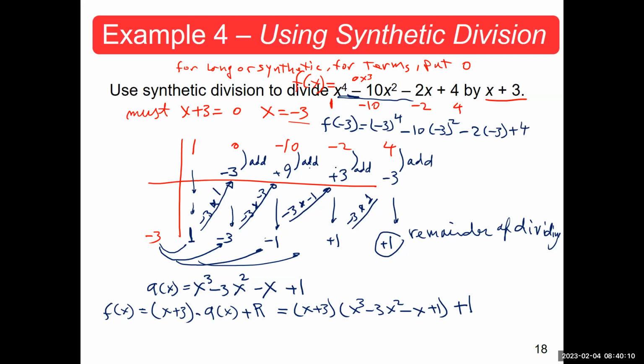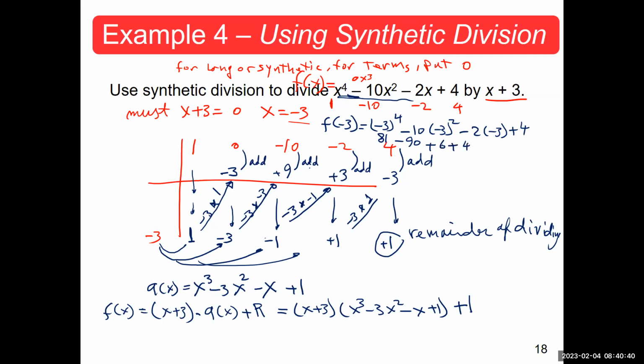-3 times -3 is +9, and 9 times 9 is +81. Now here, -3 to the power 2 is +9, so you get -90. Here, -2 times -3 is +6, plus 4.